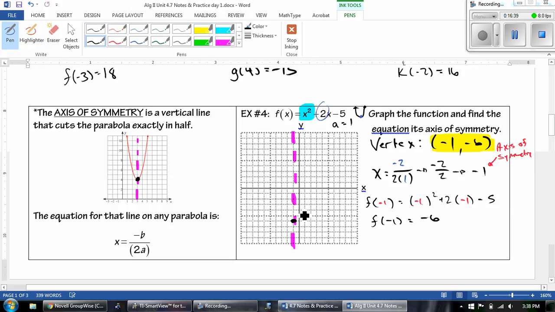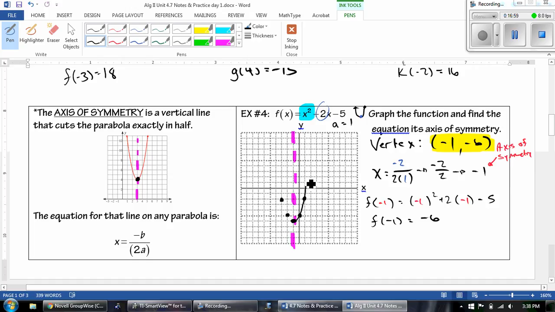And just like we said, that's what the axis of symmetry goes through. And then I'm going to go up 1 over 1, up 4, 1, 2, 3, 4 over 2. Up 1 over 1, 1, 2, up 4 over 2.